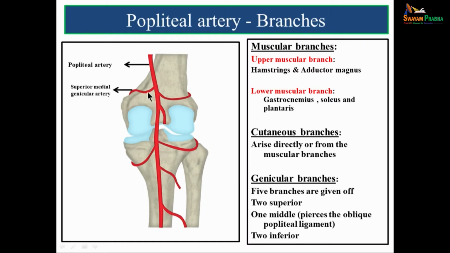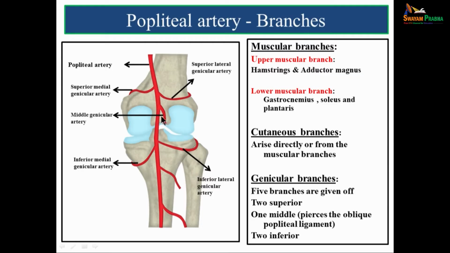This is the superior medial genicular artery. This is the superior lateral genicular artery. This is the inferior medial genicular artery. This is the inferior lateral genicular artery, and here you can see the middle genicular artery. The middle genicular artery pierces the oblique popliteal ligament.